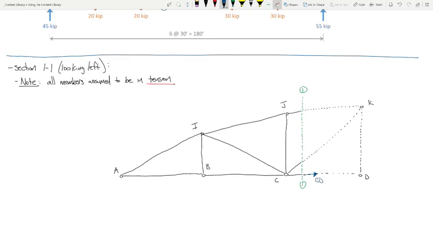And for our diagonals, let's call this CKY, CKX, JKY, JKX. And let's go ahead and put those slope ratios on there.